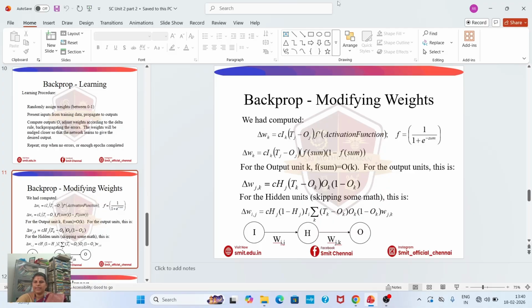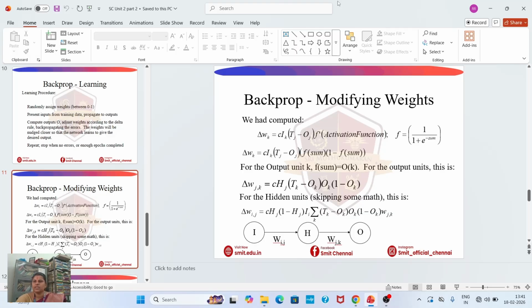This is the final formula: learning rate, sigmoid derivative of the hidden neuron, times input, times the sum of output errors weighted by W j k, times h times 1 minus h. In this diagram, W i j is the weight from input to hidden, and W j k is the weight from hidden to output. For the output layer, delta k equals T k minus O k, times O k times 1 minus O k. For the hidden layer, delta j equals h j times 1 minus h j times the weighted sum of output deltas. Then the weight update, delta W equals eta times delta times input.